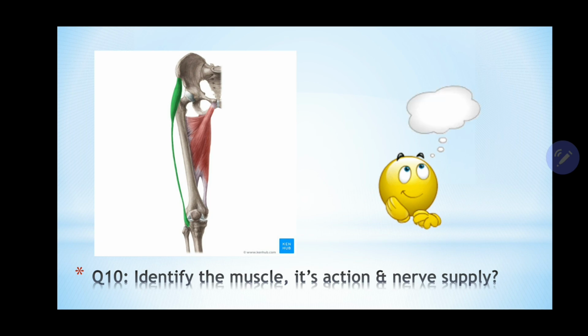Just like gluteus medius and minimus, tensor fasciae lati will also cause medial rotation of the thigh. Then because gluteus maximus was a powerful extensor of the hip joint, this muscle, as I told you about medius and minimus, they were also secondarily helping in flexion of the hip joint. So this muscle will also help in flexion of the hip joint.